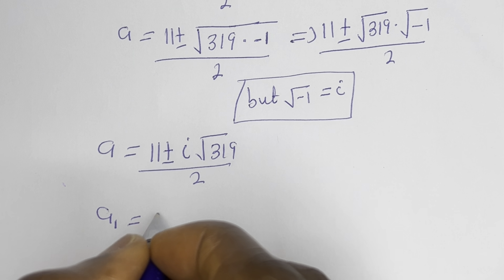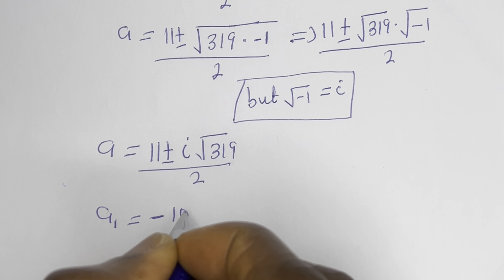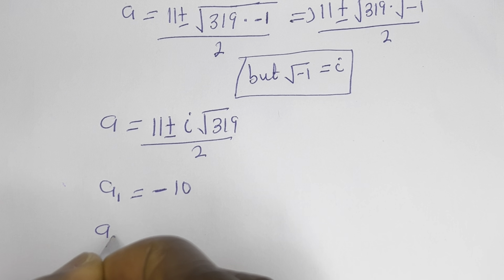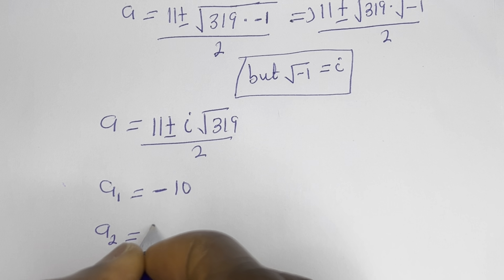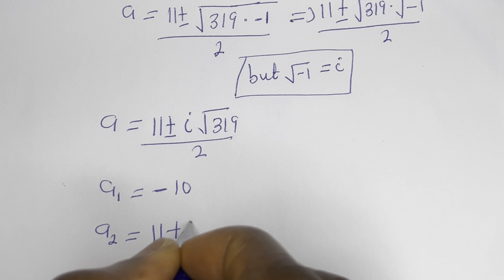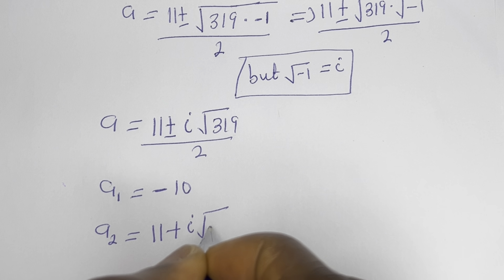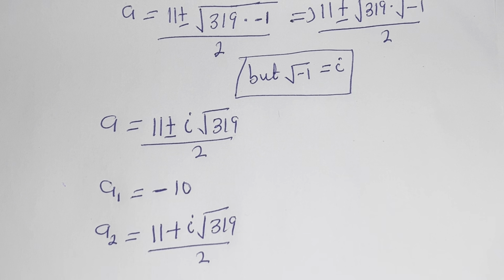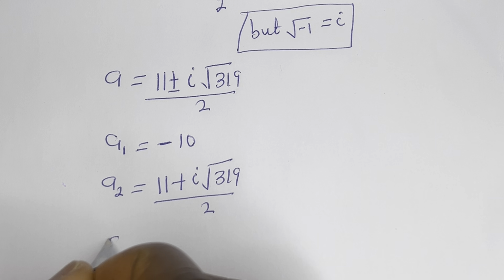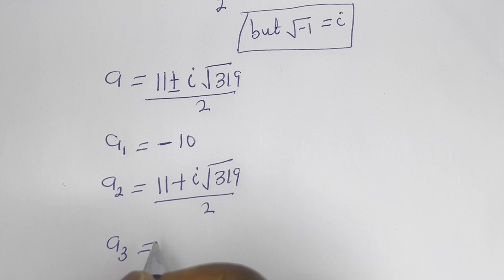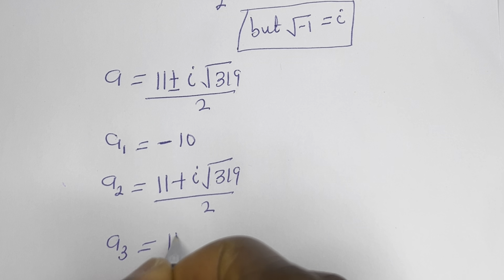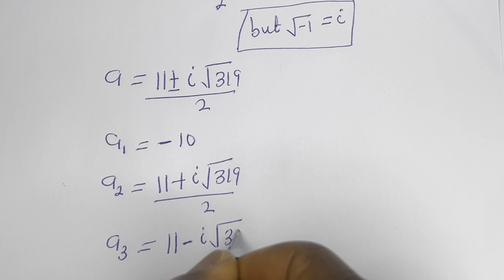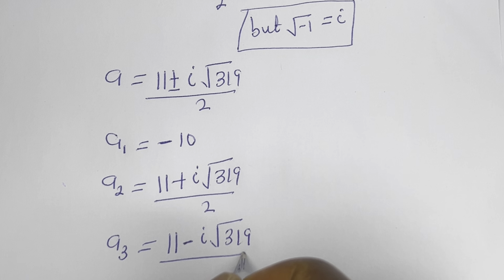Therefore, our final answers are a1 is equal to minus 10, a2 is equal to 11 plus i square root of 319 over 2. Then a3 is equal to 11 minus i square root of 319 over 2.